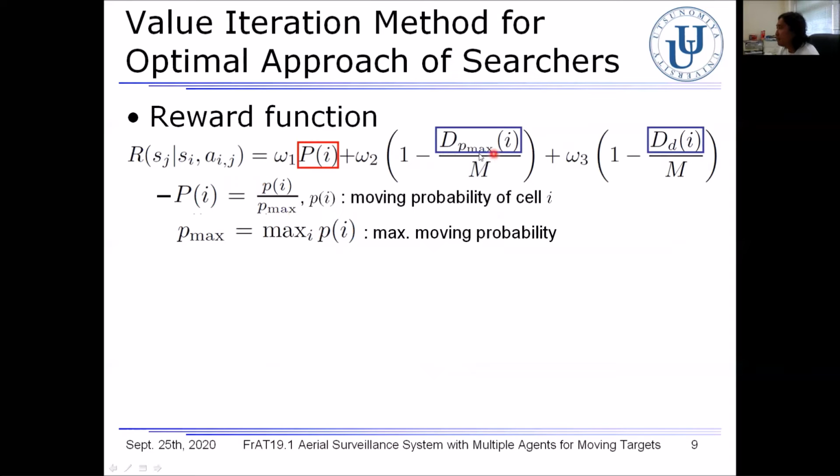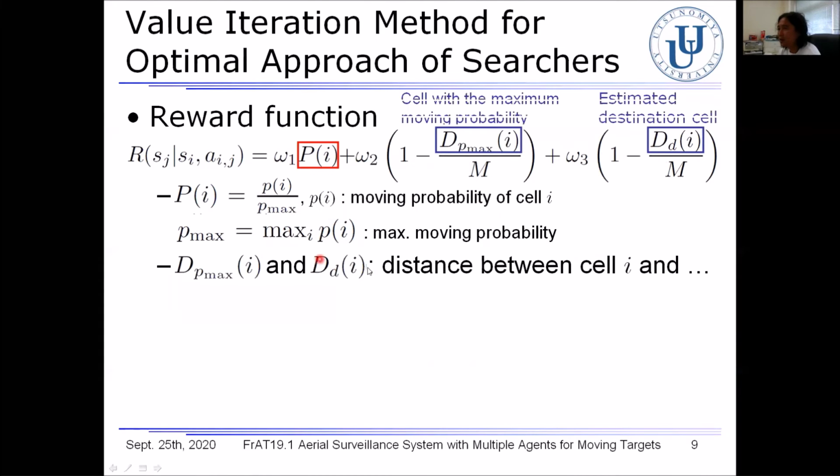And dp max and dd are distances normalized by m, the distance between cell I and the cell with the maximum moving probability, and the estimated destination cell. Here, m is the diameter of the monitoring area.